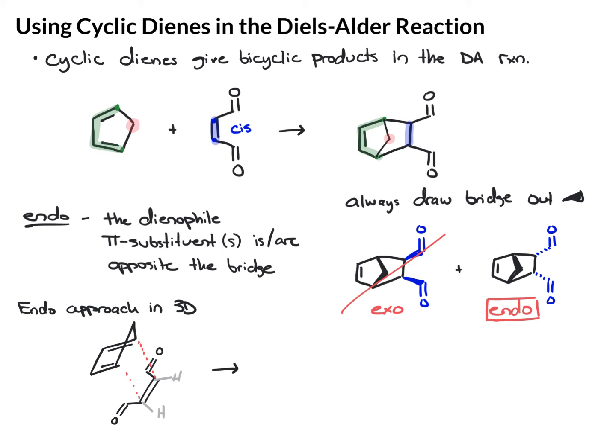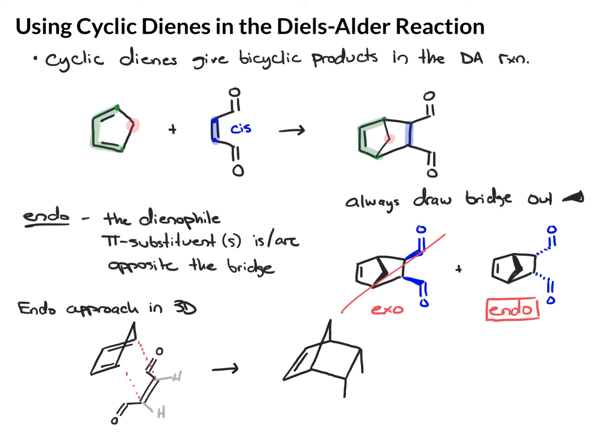So if we draw the bicyclic product in sort of a 3D fashion, here's how we'll do that. I'm going to start by just drawing almost what looks like a propane. A line up. Another line up. You're almost like you're going to draw a chair, but instead of going downward, which would give you the chair, what we do is we just draw a bond parallel to the bond on the bottom and then connect that over. And then we can draw our bridge pointed up. Here's our new double bond.